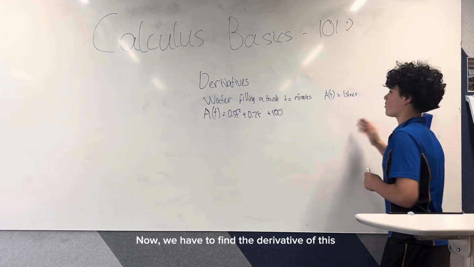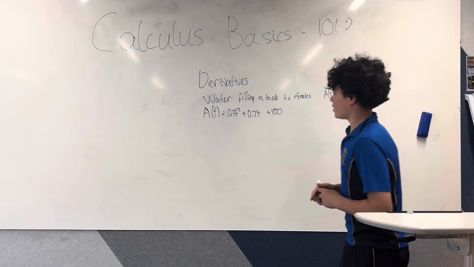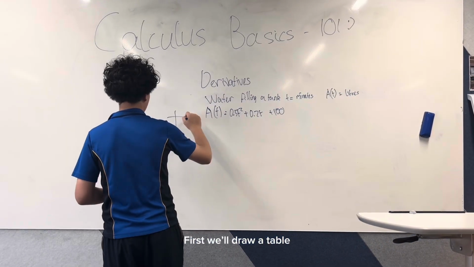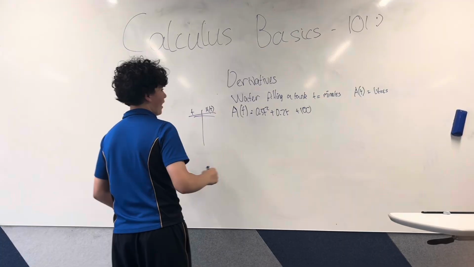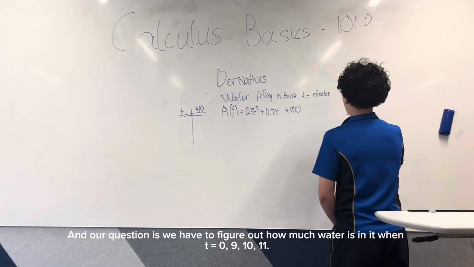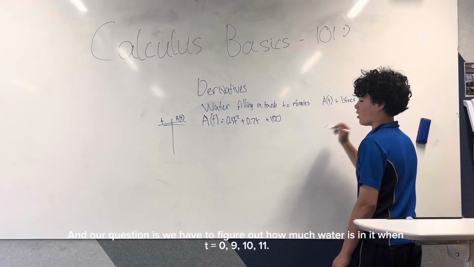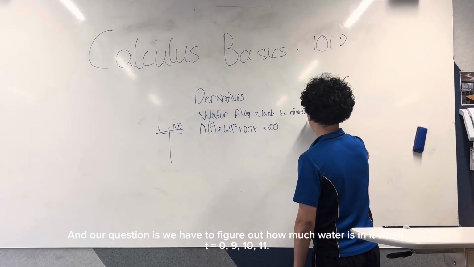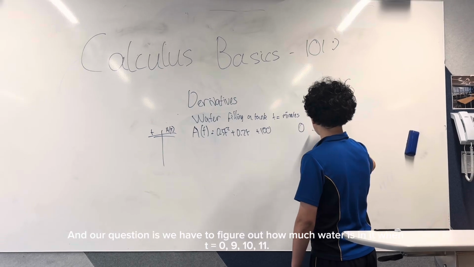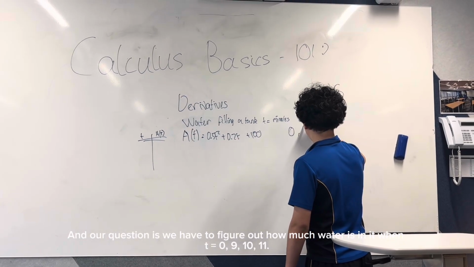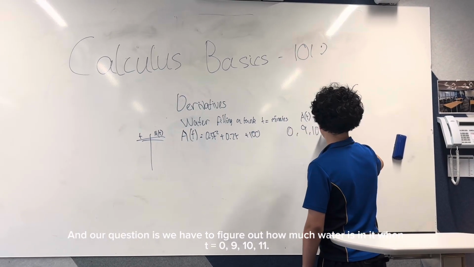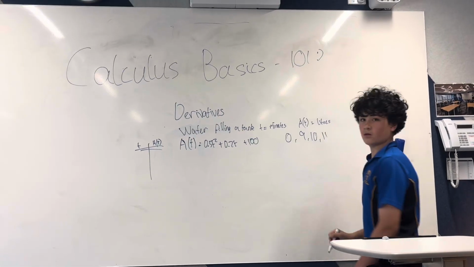So now, we have to find the derivative of this. First we'll draw it. T, and our question is, we have to figure out how much water is in it when t is at 0, 9, 10, 11.